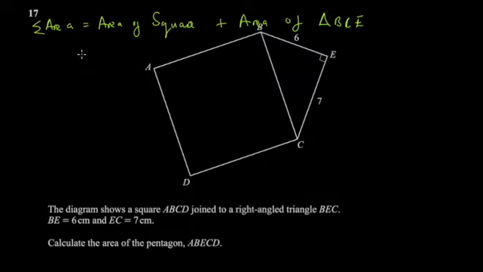Okay, you can just say triangle. Then it's equal to area of square. Then you clarify that area of square is equal to BC squared. Then you say plus half BE multiply by CE like this. Okay, so this shows that you really know what you're doing.